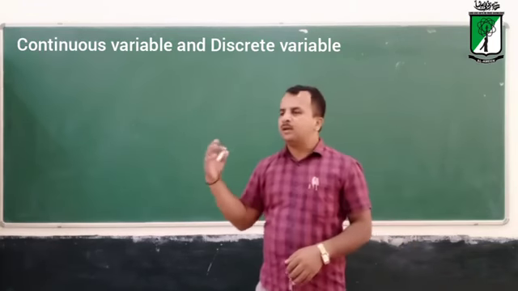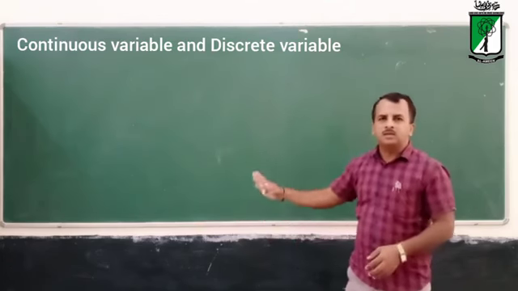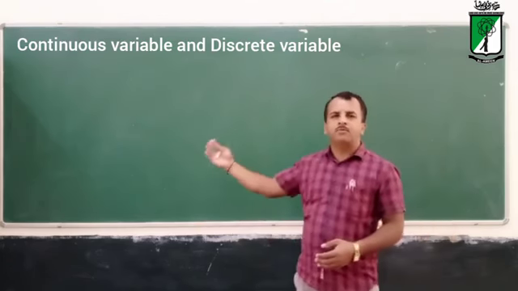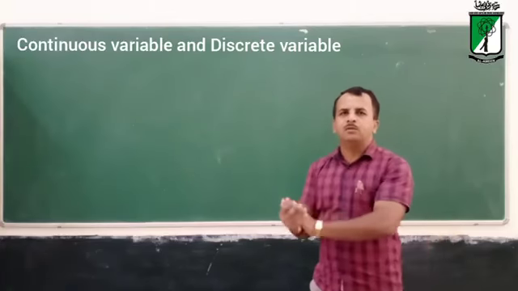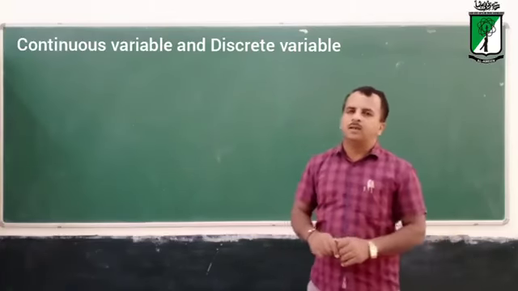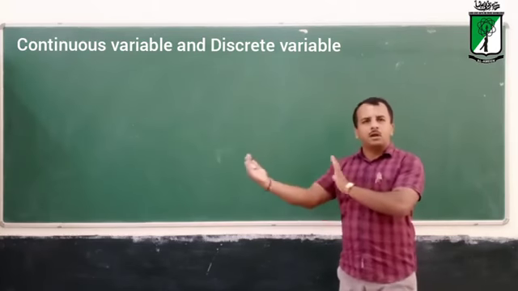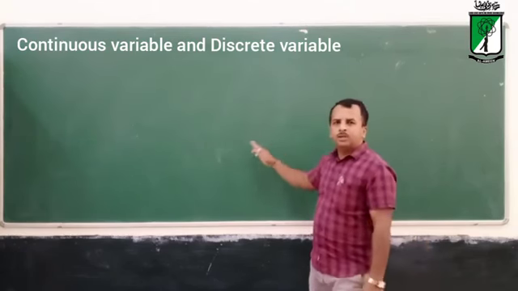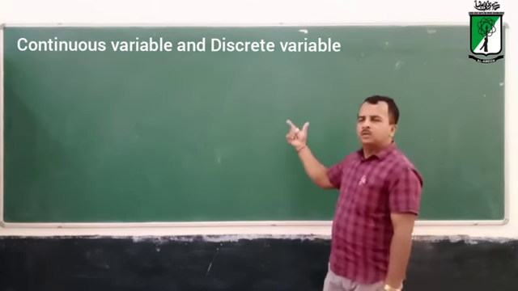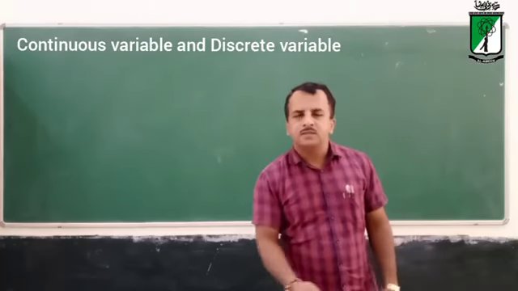Whereas under discrete variable, we will find only certain values, like 5, 10, any number. A particular number will be there; you will not find classes or class limits, like 0 to 10, 10 to 20, 20 to 30, likewise.